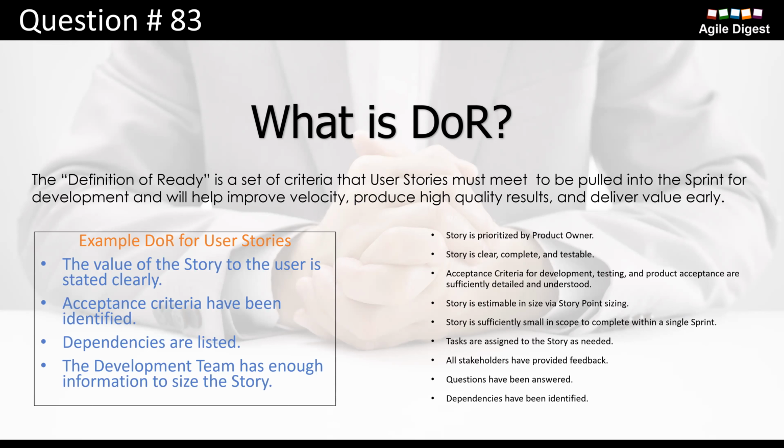Here we can also give an example of DEEP: estimable, sufficiently detailed, tasks are assigned. Can we add that? Yes, you can, but the DEEP acronym is not applied to a single user story, it applies to your backlog. Definition of ready is applied to one story. Okay, thank you.